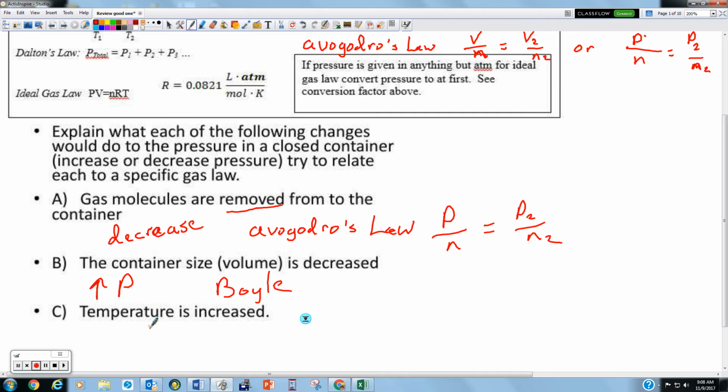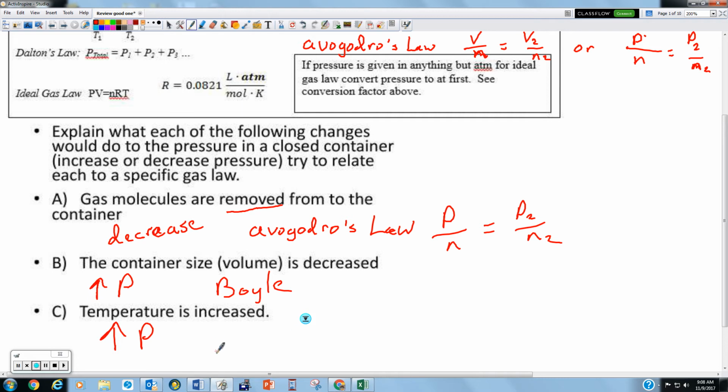And then the last one, we change the temperature, so the temperature is increased, but the container stays the same size. So what does that do to the pressure? If temperature is increased, yes, it's a direct proportional. So if temperature is increased, pressure is increased. The only one that's going to happen in the opposite is Boyle.